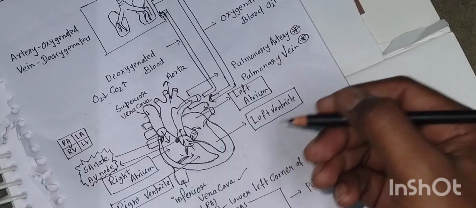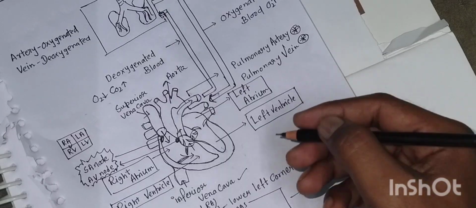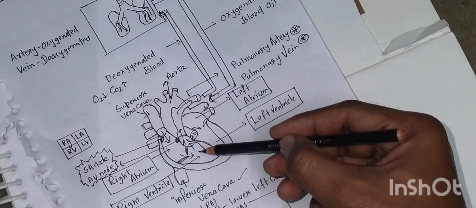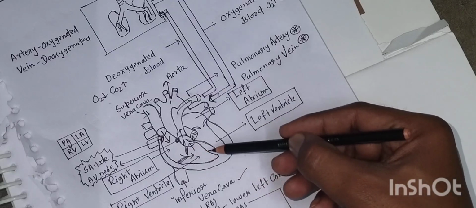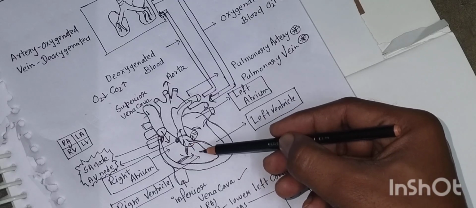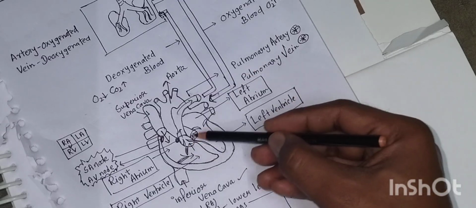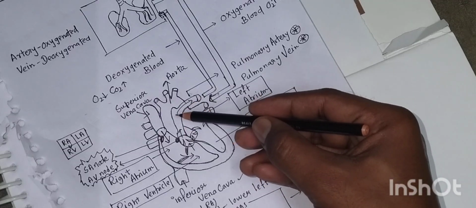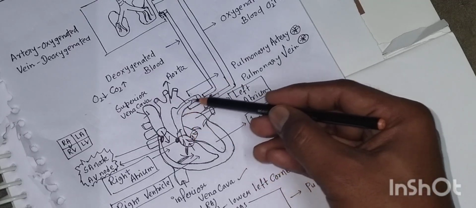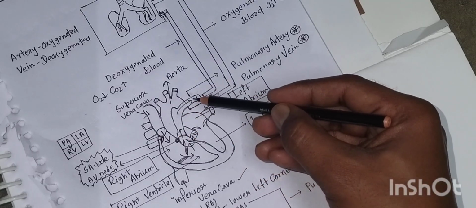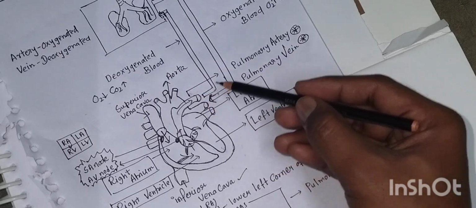Now what happened next? Blood from the right ventricle, that is deoxygenated blood, is transferred into the pulmonary artery. This is pulmonary artery, and this deoxygenated blood is transferred to the lung.